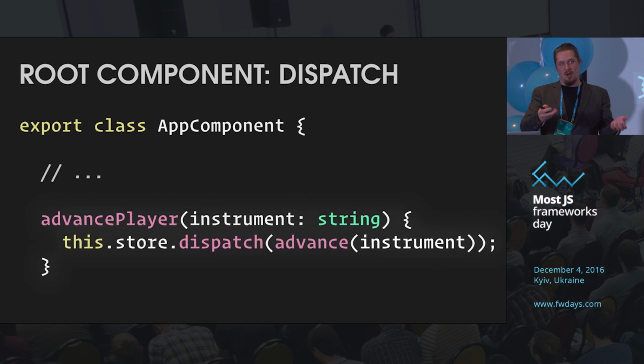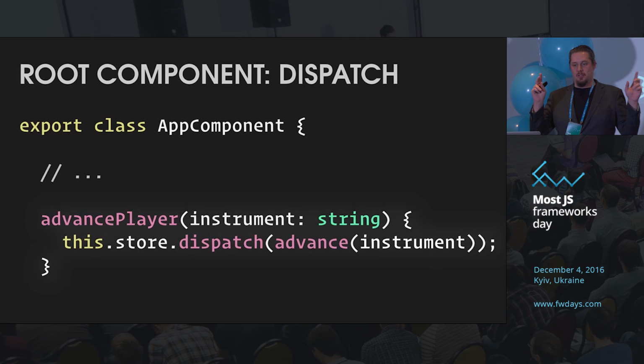It not only subscribes to it, as we saw earlier, but also dispatches actions back to it. But the rest of the components know nothing about this. They just deal with pure data inputs and event outputs. It's the root component, the single thing that talks to the store, which, if you're familiar with the smart container component discussion, there's one smart component in this application, which is the root component.